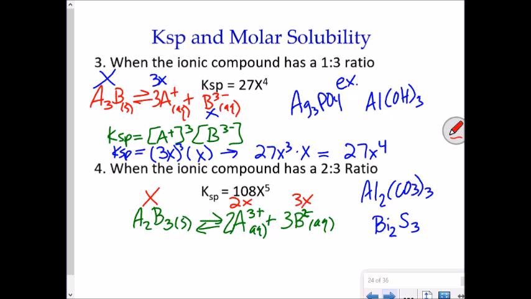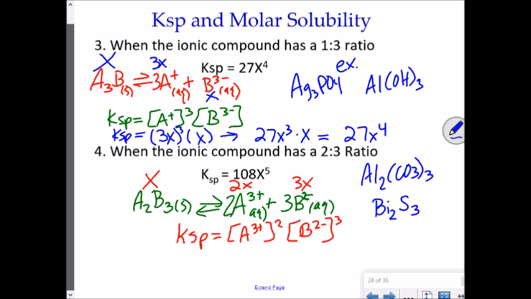So if we input that into our Ksp expression, which would be A to the 3rd raised to the 2nd power, B to the 2nd raised to the 3rd power, substituting this in, we end up with 2x squared times 3x to the 3rd.